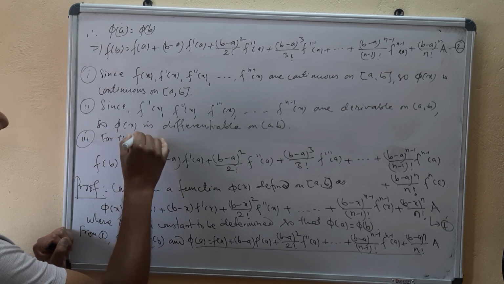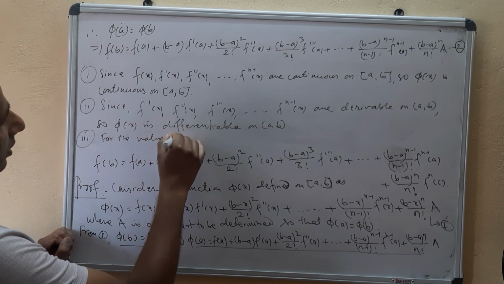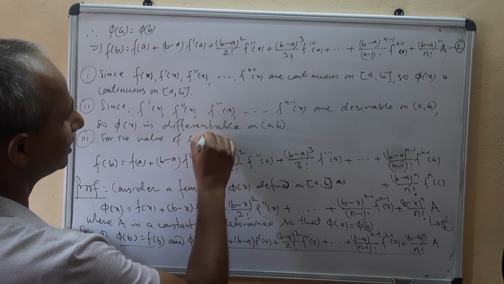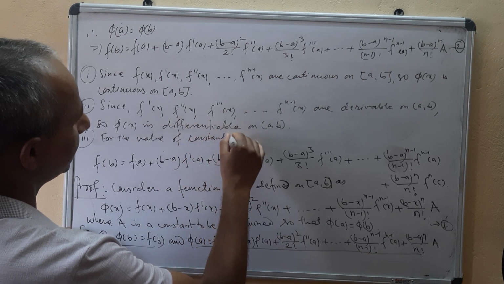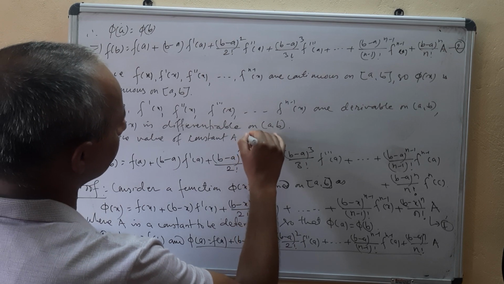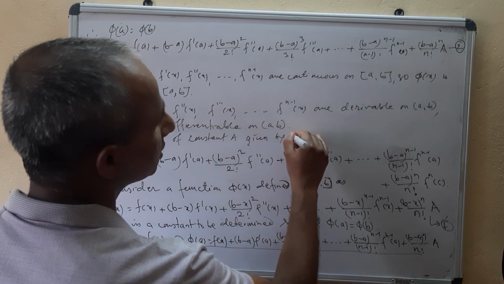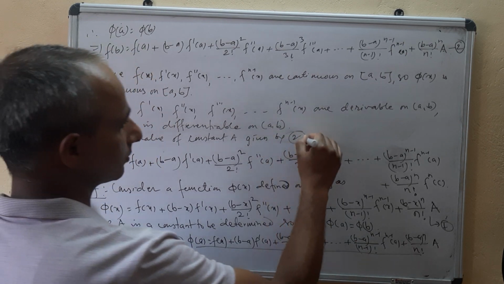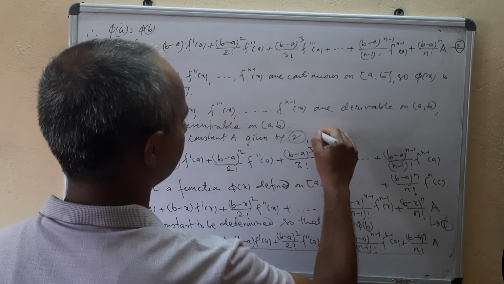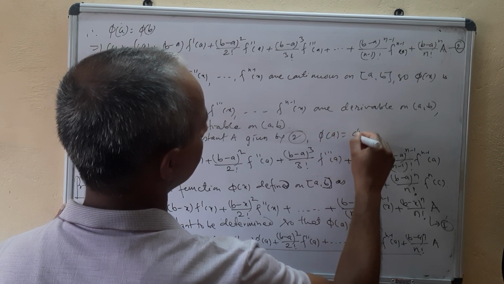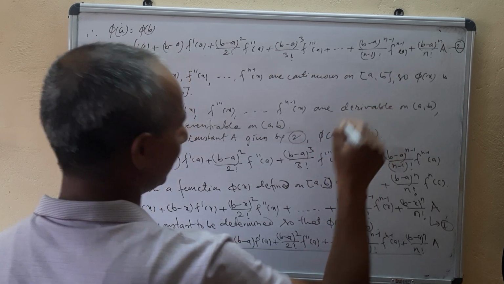for the value of constant a given by expression 2, phi a will be equal to phi b as well.